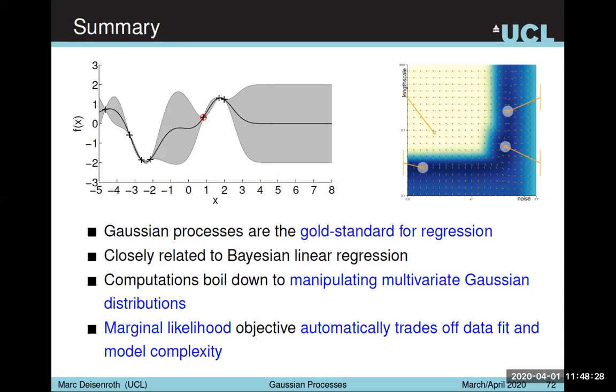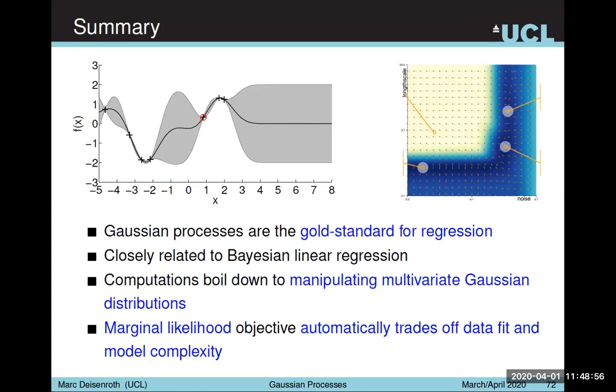While the theory is potentially a little bit difficult to understand, when we actually do our computations, the only thing that we need is to be able to work with multivariate Gaussian distributions. There are 3 things that we need to be able to do. One is being able to multiply Gaussians together. Another is to condition multivariate Gaussians or joint distributions.